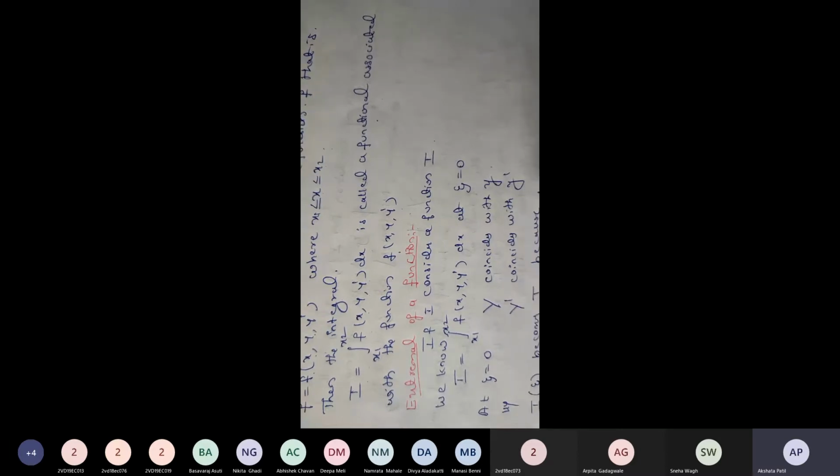Similarly, capital Y dash coincides with small y dash. Therefore I of epsilon becomes capital I, because epsilon is 0.